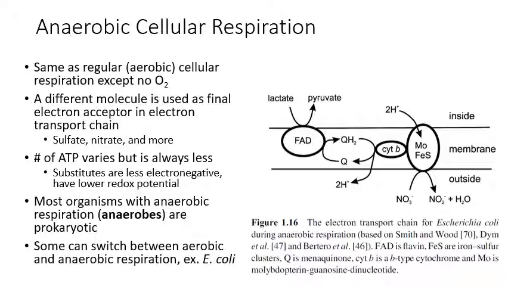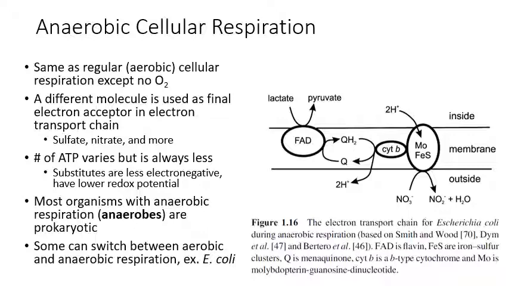Always you're going to end up making less ATP than what you would be able to do with aerobic cellular respiration. The basic reason is that oxygen is very electronegative and it has a very high redox potential. Any substitute that you would use for oxygen as the final electron acceptor is going to be less electronegative and have a lower redox potential, which means it's not going to be as good at accepting electrons, which means you're not going to be able to strip as much energy out of those electrons before you put them on the final electron acceptor.